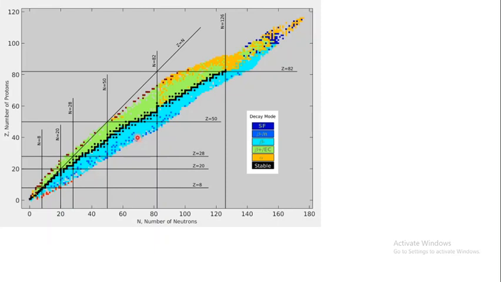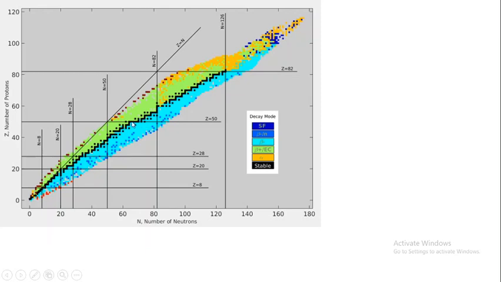This is one way. Another way is that if we look at this fact, have a look on this line. It shows one nuclide. But you can think that this is not one nuclide. 1, 2, 3, 4, 5, 6, 7, 8, 9.